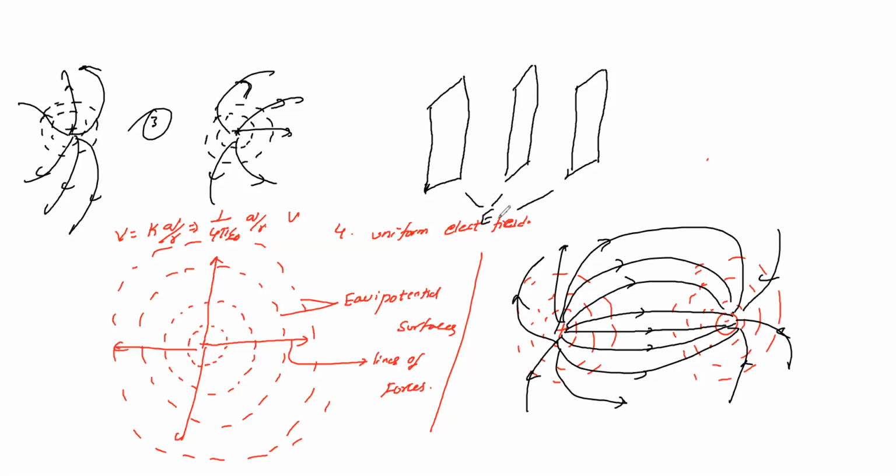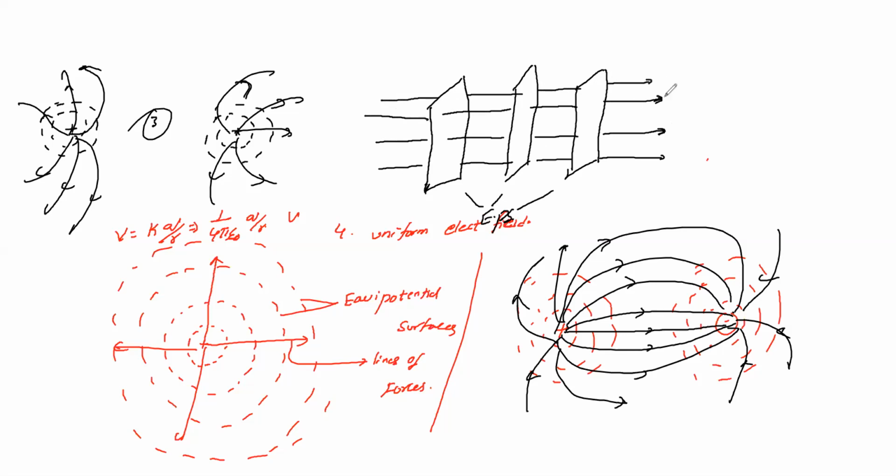On these equipotential surfaces, the potential is the same everywhere. What will happen? The field lines will travel parallel, without any disturbances, and they will not intersect with each other. These are your electric field lines passing through the equipotential surfaces.